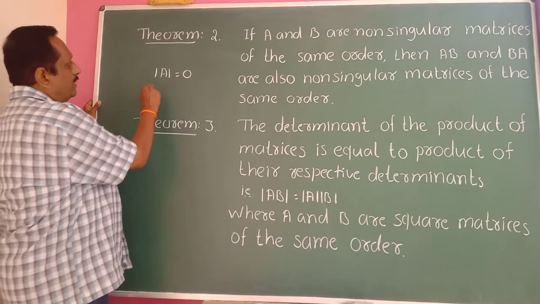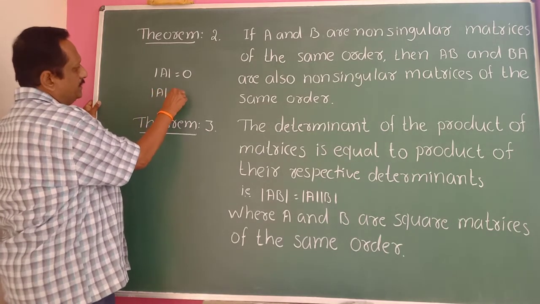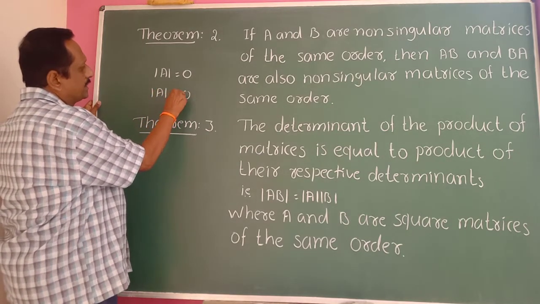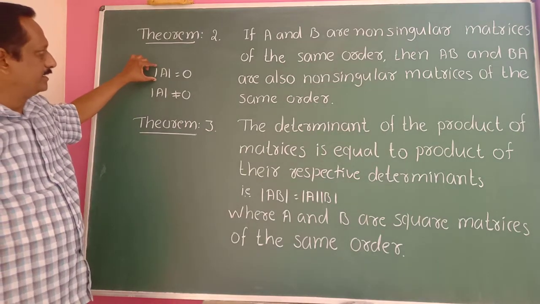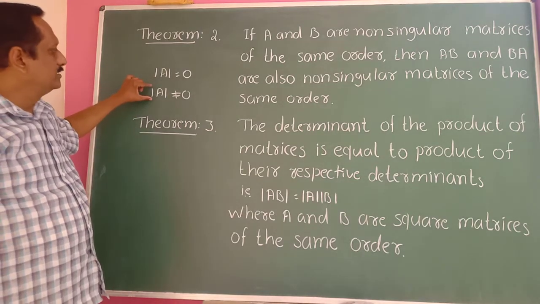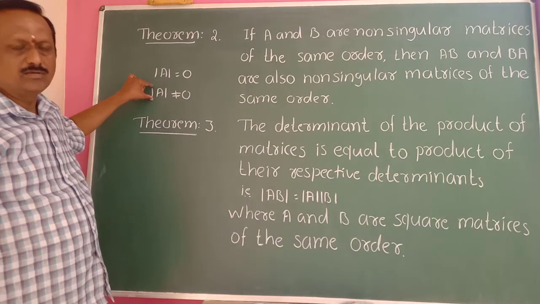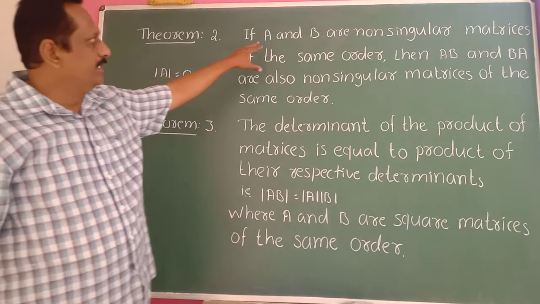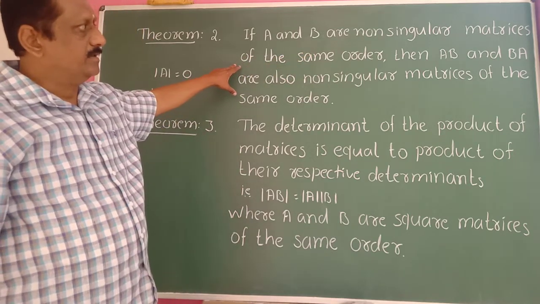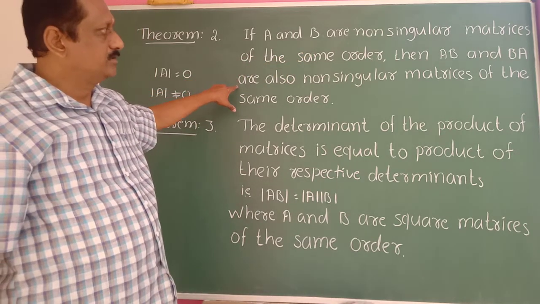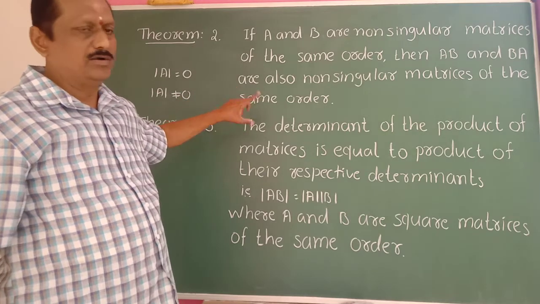If the determinant of A is not equal to 0, then it is said to be a non-singular matrix. Therefore, if A and B are non-singular matrices of the same order, then A into B, B into A are also non-singular matrices of the same order.